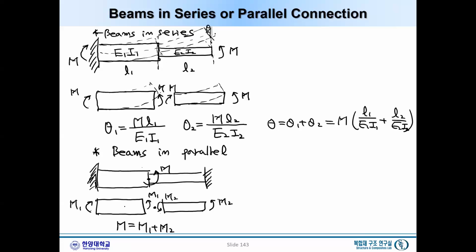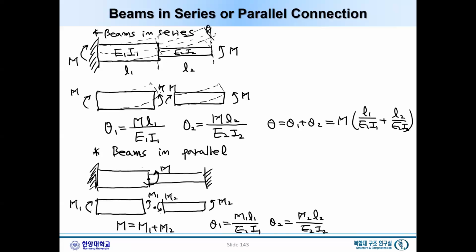And the angle of rotation of the first beam, theta 1, should be moment 1 times L1 over E1 I1. And theta 2 of this second beam is moment 2 times L2 over E2 I2.